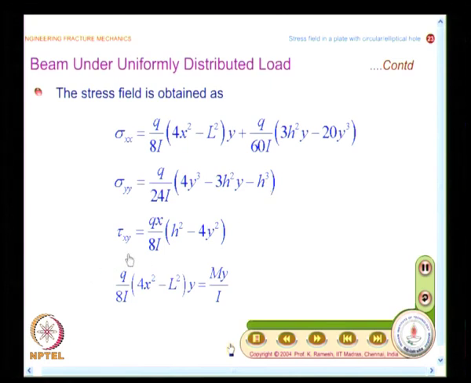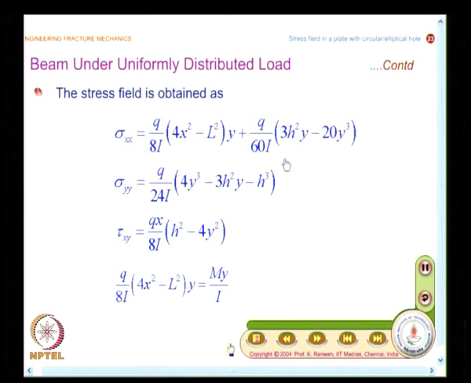Then you have tau x y, which is given as q x divided by 8 I into h squared minus 4 y squared. This is the same as what you get from the strength of materials solution, because shear force varies as a function of position x, you have the term q x here, and you will essentially get the shear force distribution as a parabola. So, what you find is there are two quantities which are different.